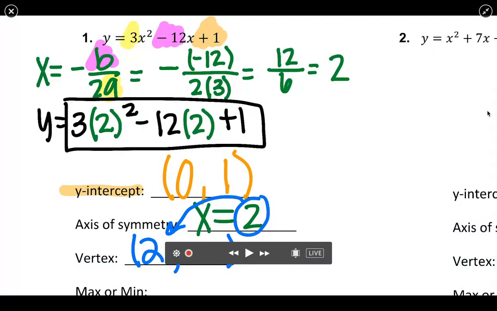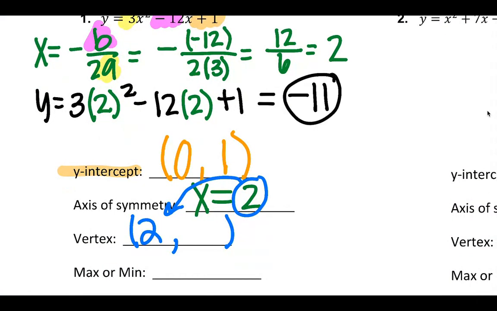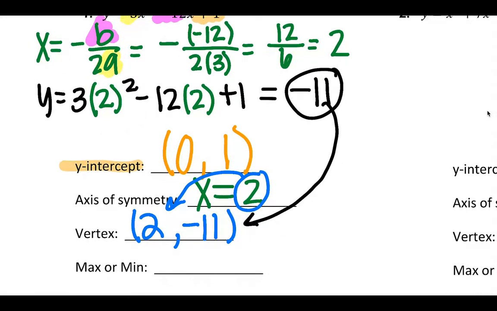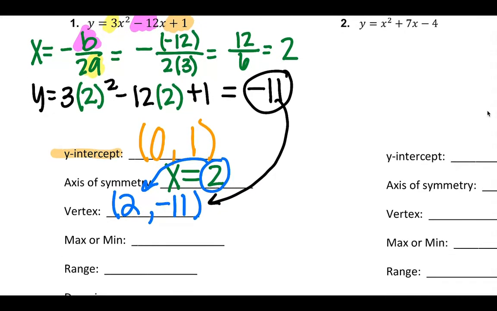So all of that equals negative 11, and that's what's going to go there. So that's how you get your vertex. Whatever your axis of symmetry is, the 2 goes first, and then you plug that 2 back into your original equation in standard form to get negative 11.